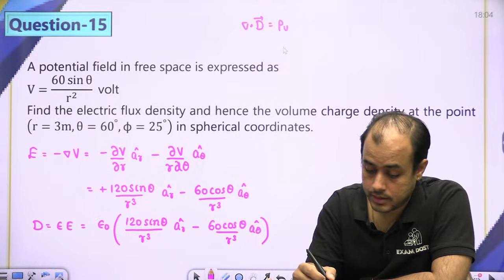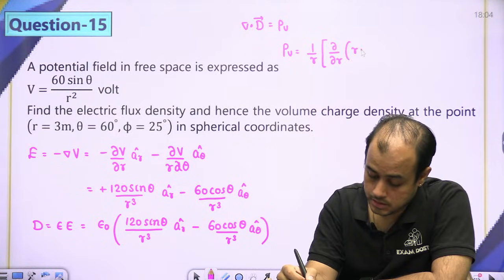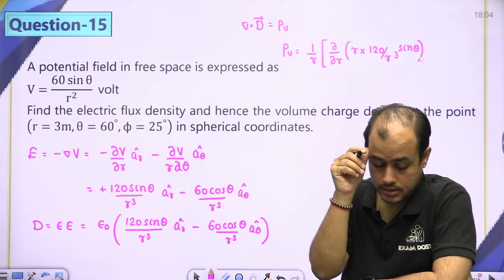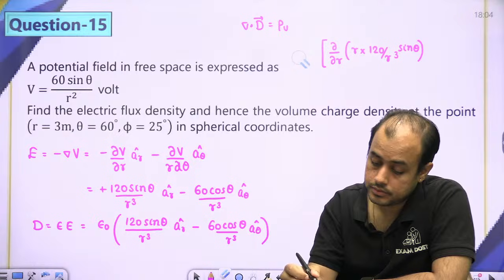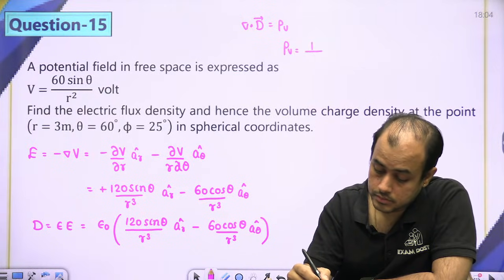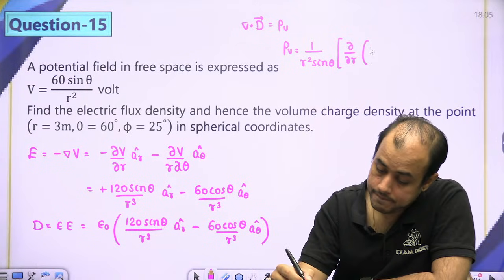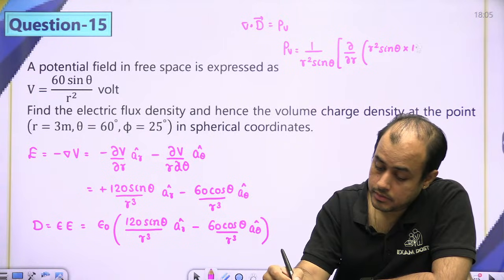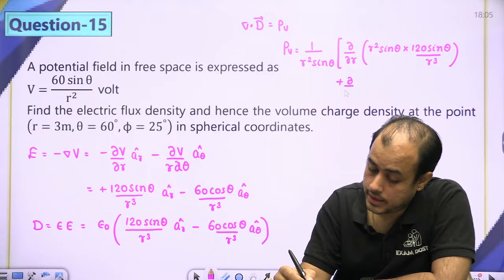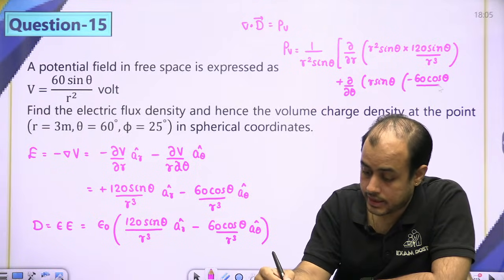Del dot D is rho V. R into 120 by R cube sin theta. अरे spherical है ना. del by del theta of minus 60 cos theta by R cube.